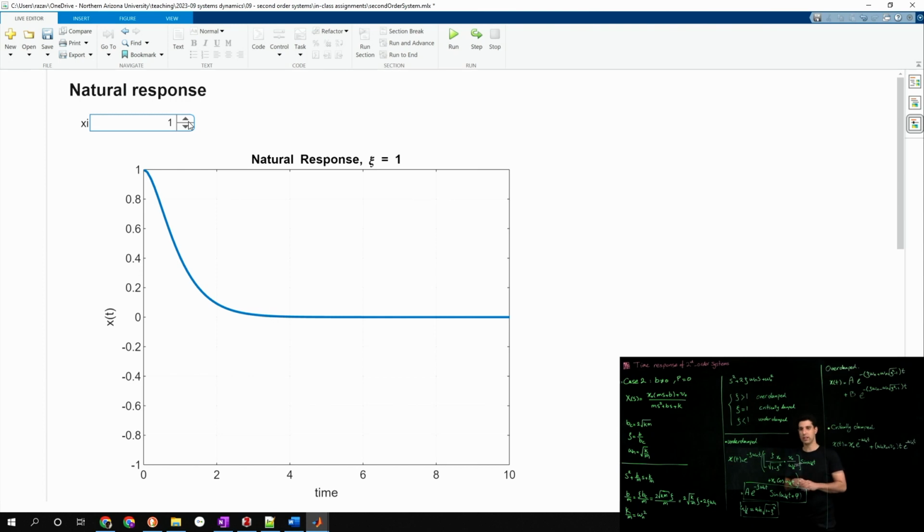Z equals 1. This is the critically damped system. And you will see as I increase z, this is the fastest decay to 0 without showing oscillation.